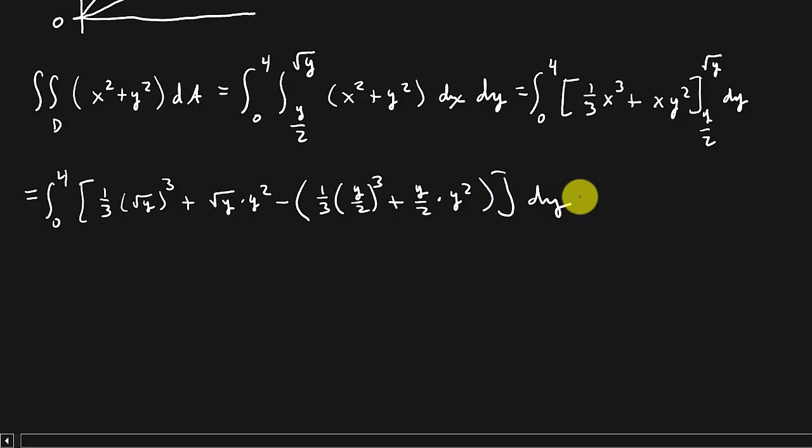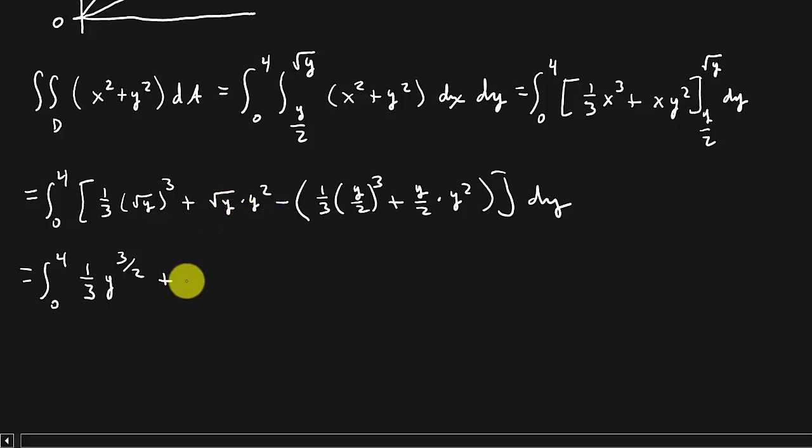All right, so that's going to give us 0 to 4, and this is going to be 1/3 y to the 3/2. All I did was change it from radical form to exponential form. Remember how to do that. And then plus, so this is y to the 1/2, right? So when we multiply, we add exponents.